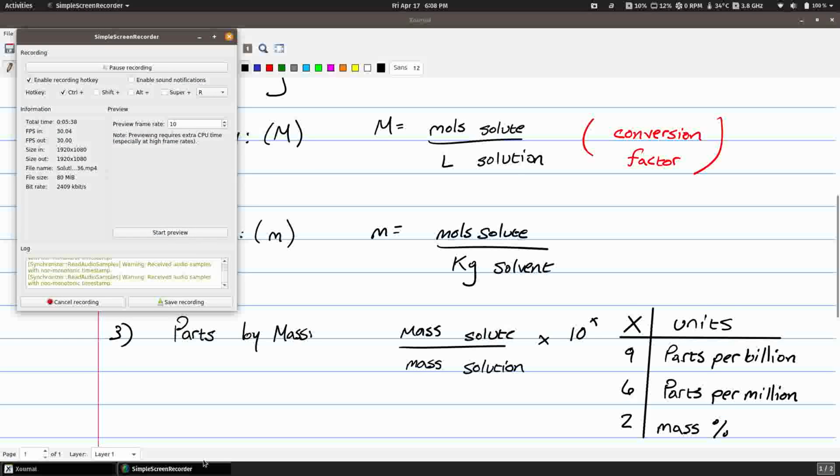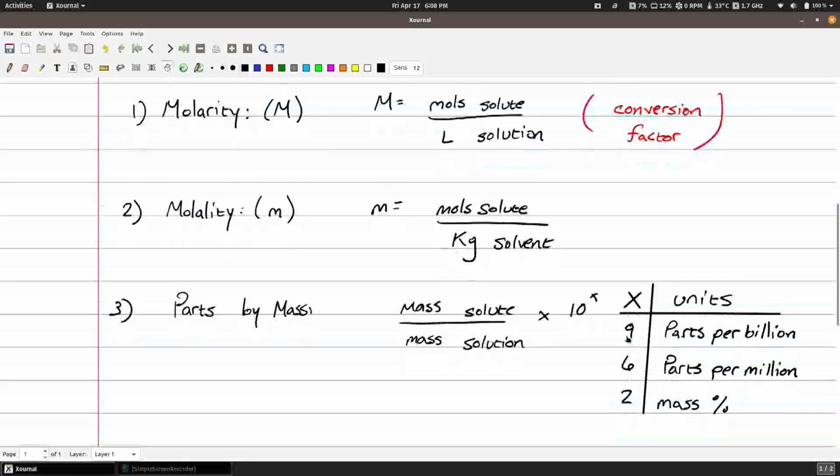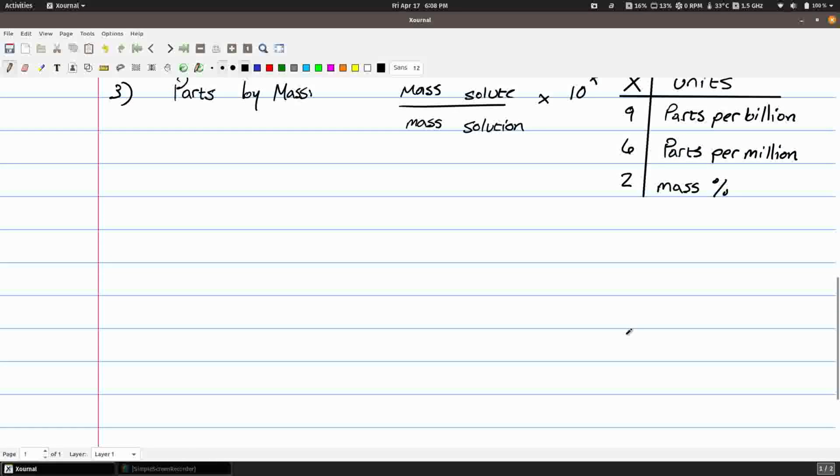Let's see what I'm doing on time. All right, perfect. So I'm going to go over an example real quick, and then we are going to go on to dilution. So feel free to copy this. A solution is prepared by dissolving 50.4 grams of sucrose.